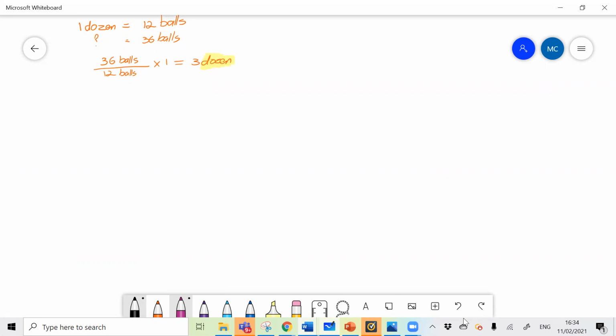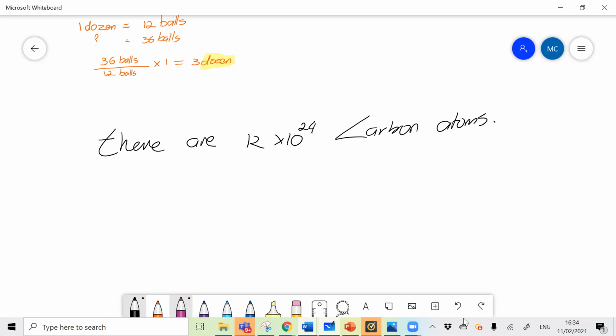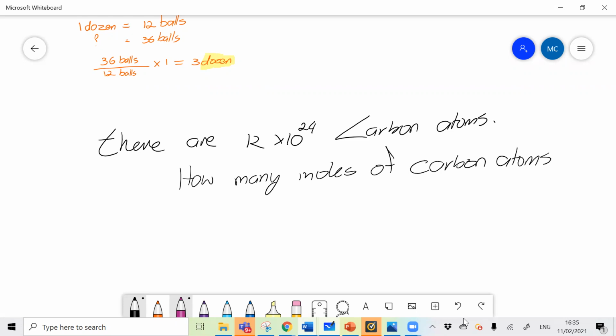Okay, so let's say there are 12 times 10 to the 24 carbon atoms. How many moles of carbon atoms are there? Can you please try it out?